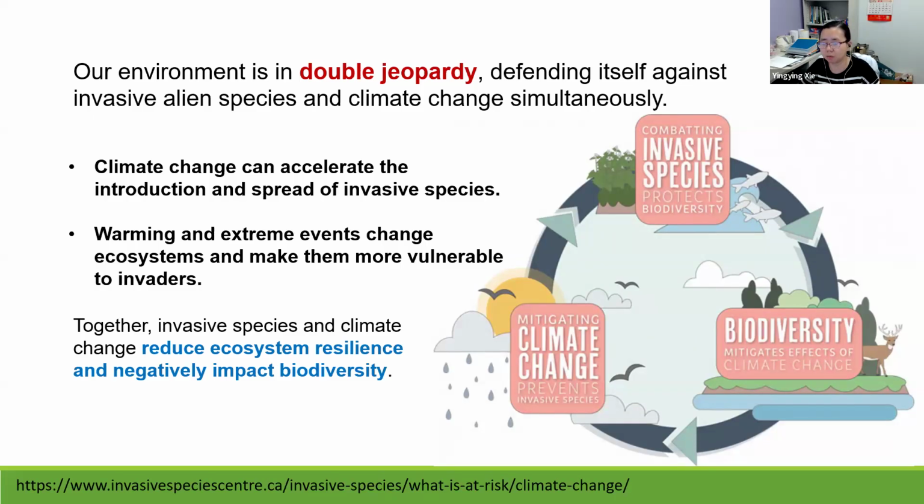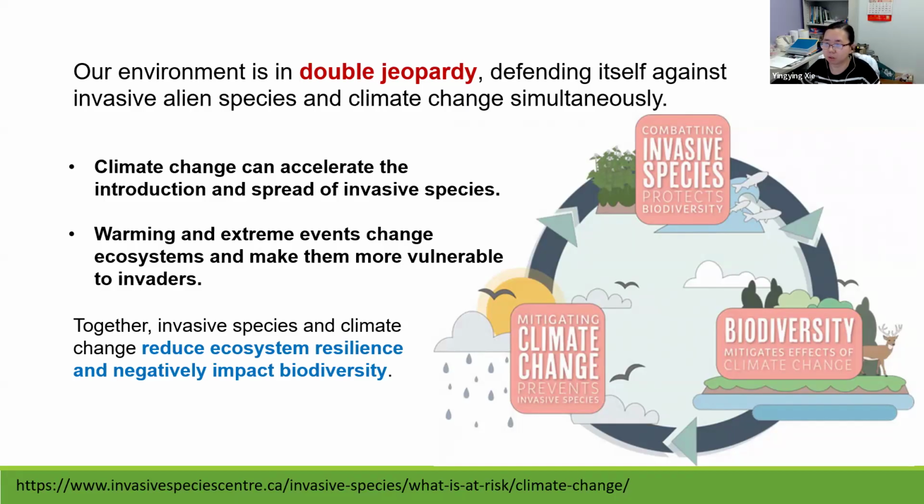So we probably expect to see even more reduced ecosystem resiliency and negative impacts on biodiversity. That also indicates that we have to take urgent action to really understand and to inform management to mitigate those impacts.